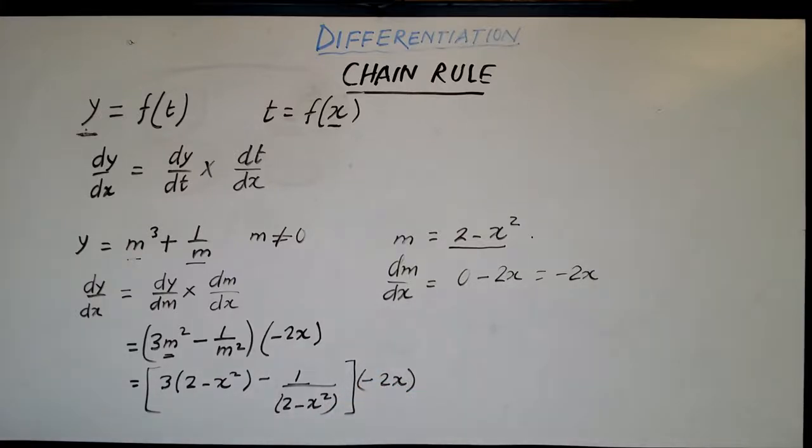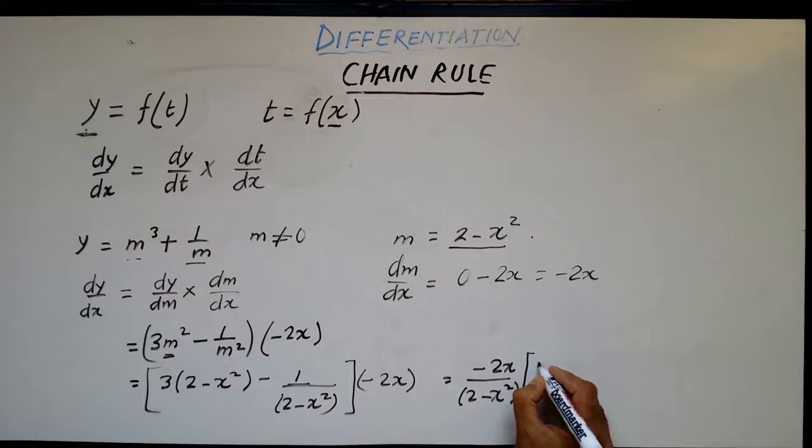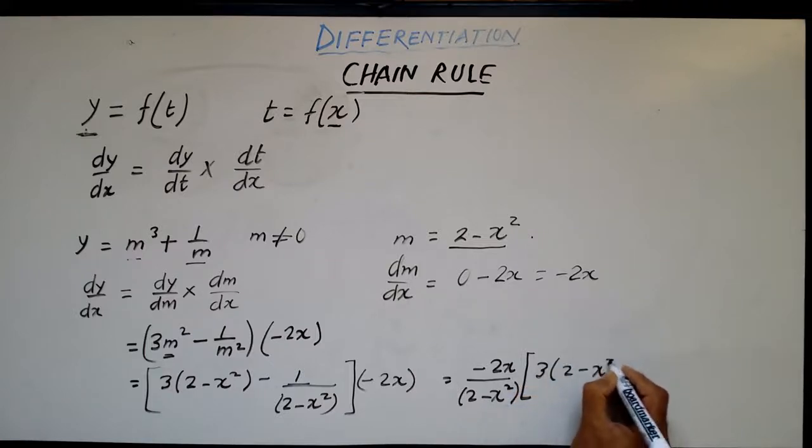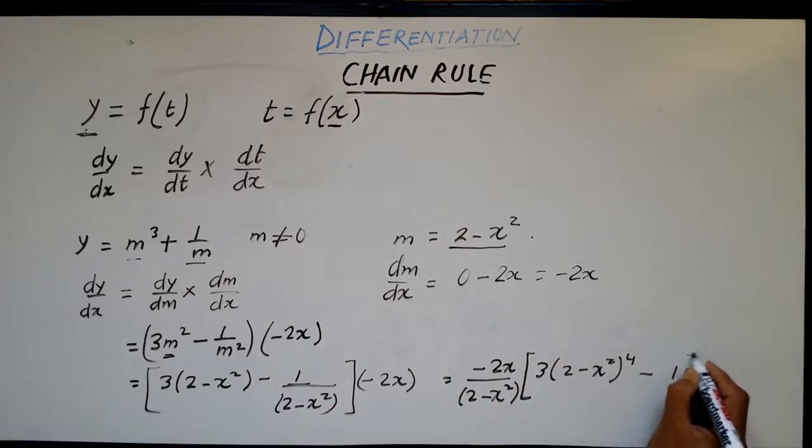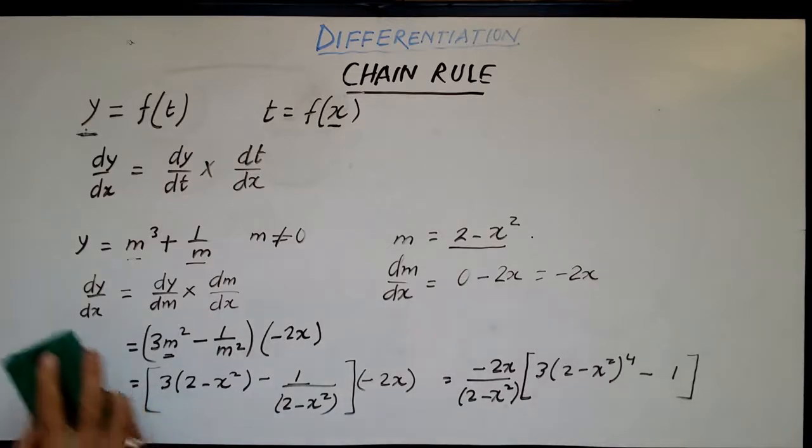Okay. Or in other words, we can write this as minus 2x upon 2 minus x squared, since 2 minus x squared is in the denominator, and this will be equal to 3 into 2 minus x squared to the power 4, minus 1. Okay. So this is how you solve problems involving the chain rule.